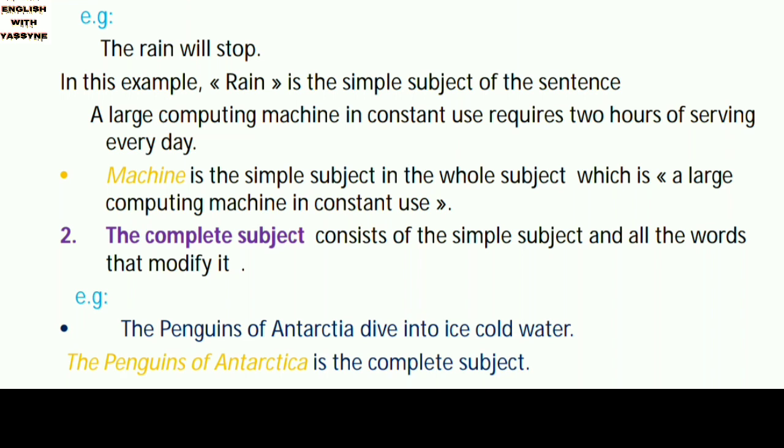A complete subject is a simple subject with modifiers that give more information or describe the simple subject, which is just the main word in the subject, because here we are talking only about the subject.